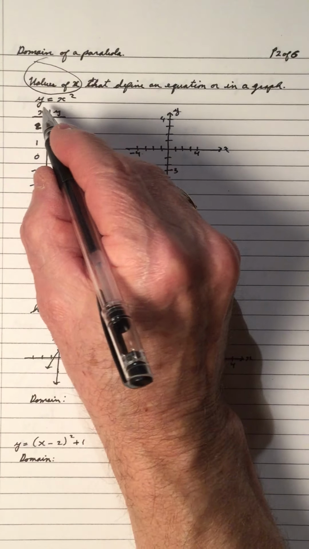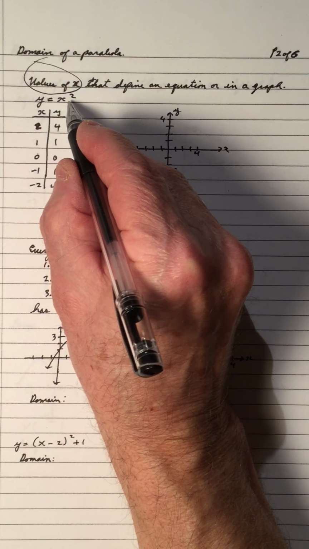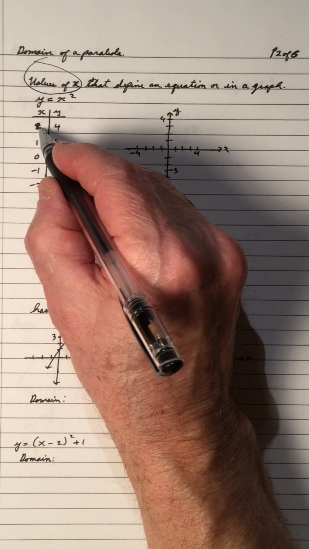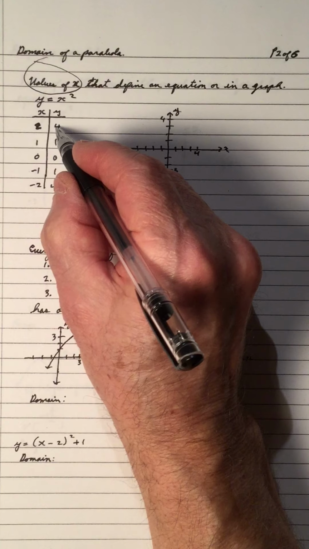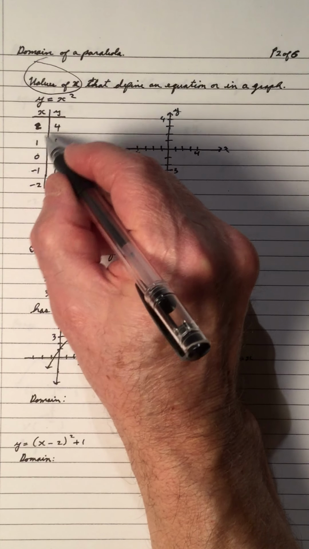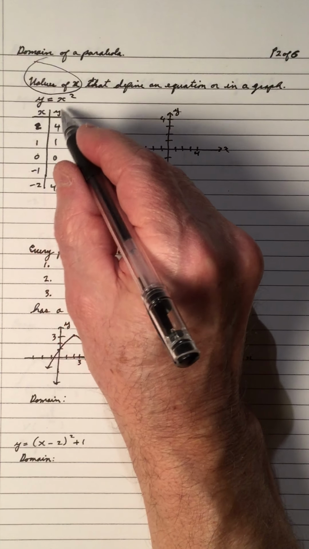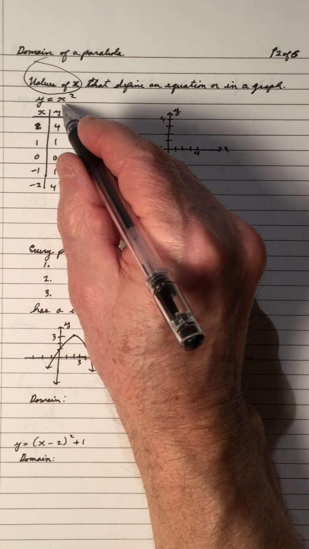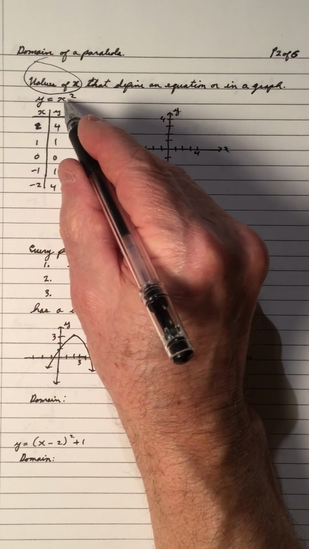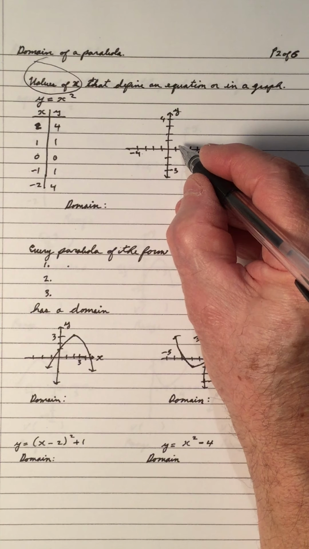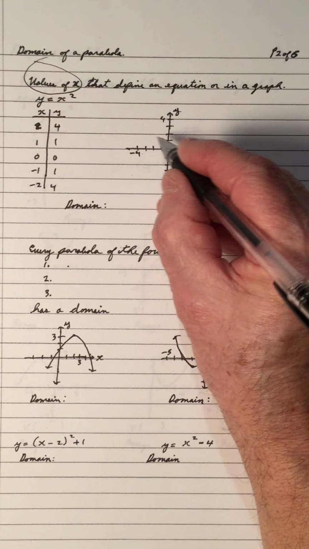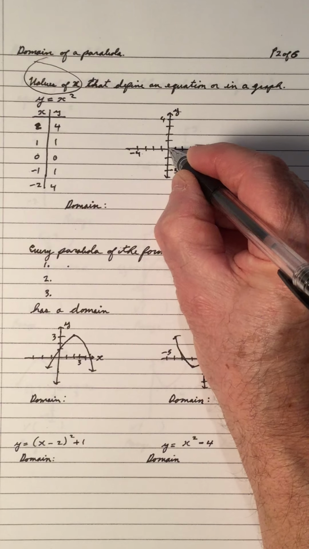The basic equation for a parabola is y equals x squared. The table of values is 2, 1, 0, negative 1, negative 2. When you put 2 in, you get a 4. Put 1 in, you get a 1. Put 0 in, you get a 0. Negative 1 squared is 1. Negative 2 squared is 4. And as a result, the vertex is (0, 0).